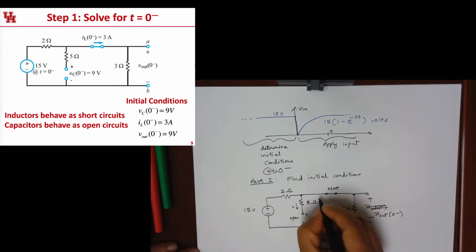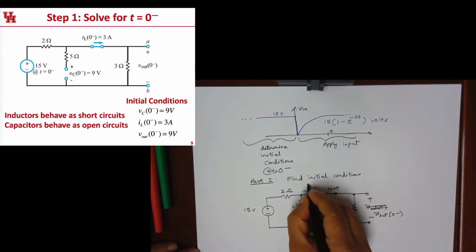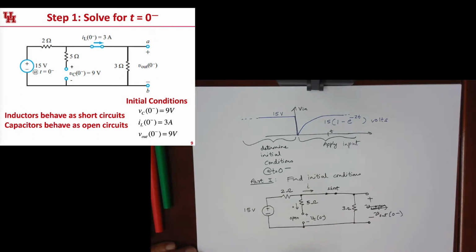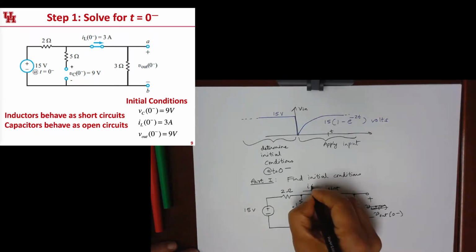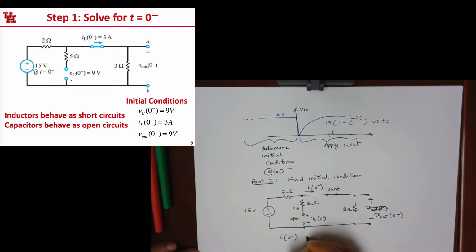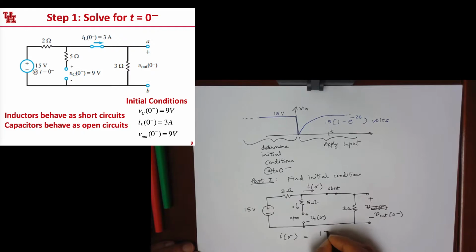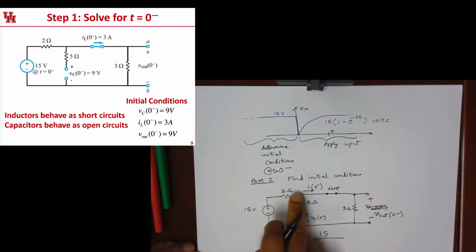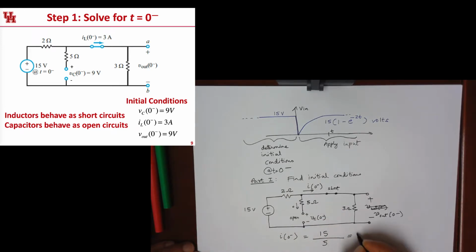Let's call that current I, which is basically I of 0 minus. It's a very simple thing: it's basically 15 volts divided by the total resistance along this path, which is 2 plus 3, which is 5, so it's going to be 3 amps.